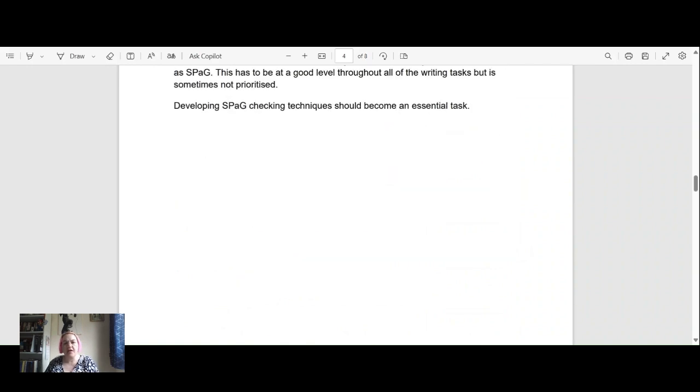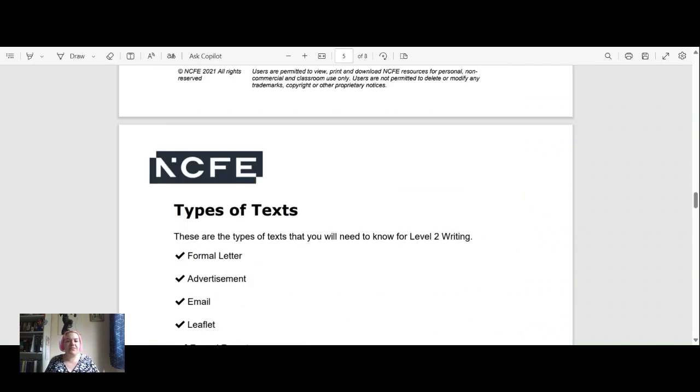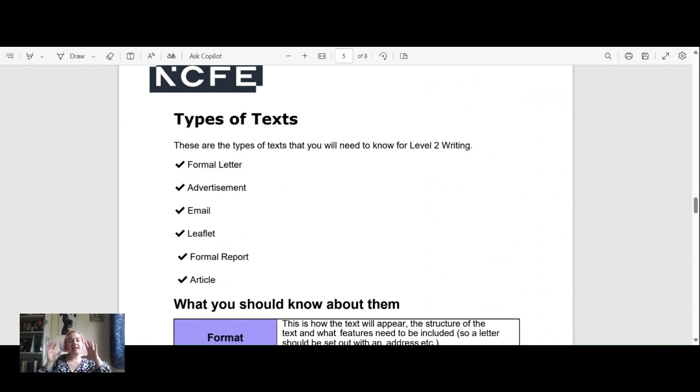So, as a gentle introduction, the first thing I want to show you is the official list of all the types of texts that you could be asked to write in your exam. As we know from going through these exams previously, we are asked to write 2 pieces in 1 hour, 25 minutes on one, 25 minutes on the other, and then 10 minutes is a combination of planning at the beginning and editing and proofreading once the documents have been completed.